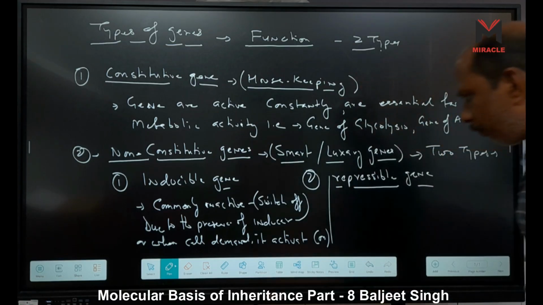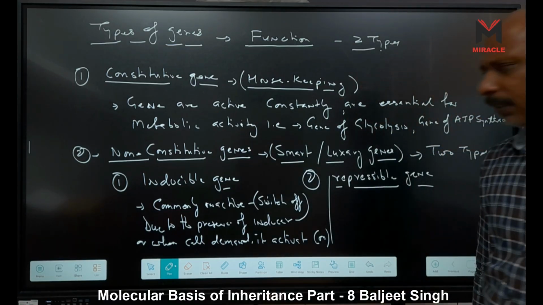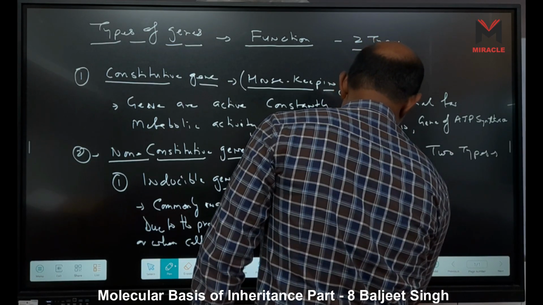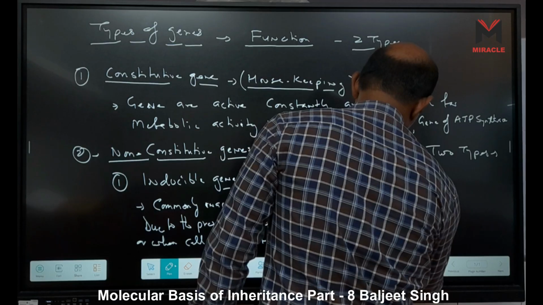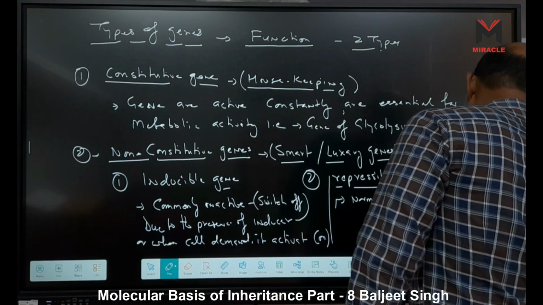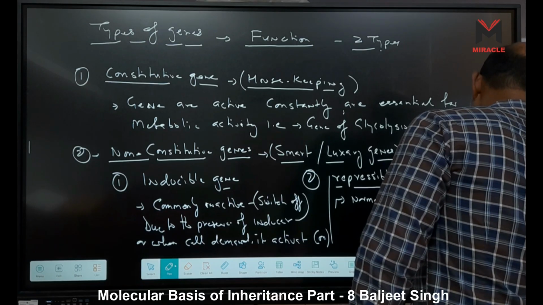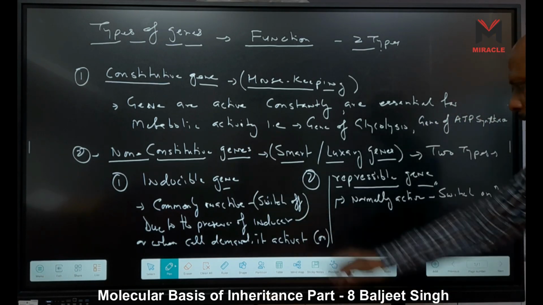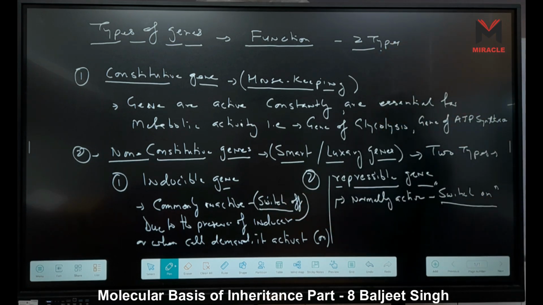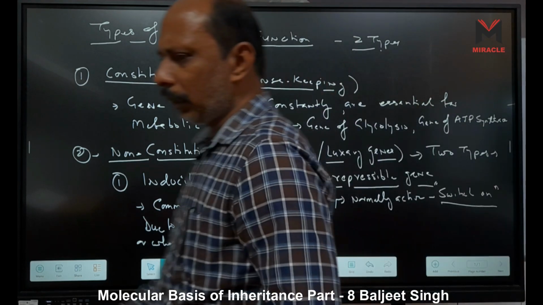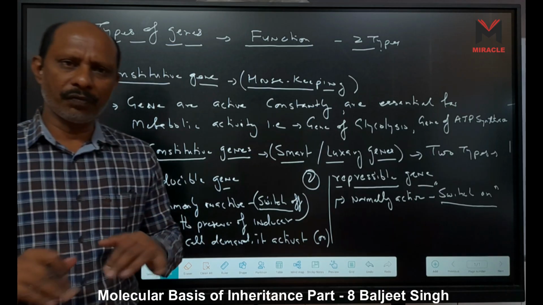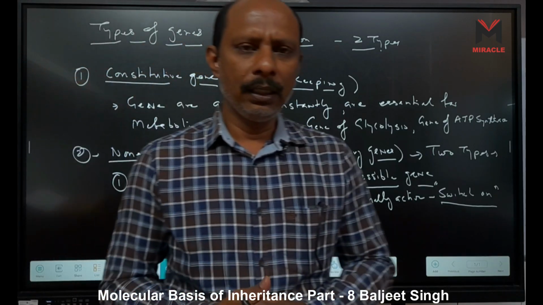And just different is repressible. Repressible means they are commonly active, normally in the switch on process. But when the substrate becomes more evident, meaning a sufficient amount of substrate is formed, then what happens?